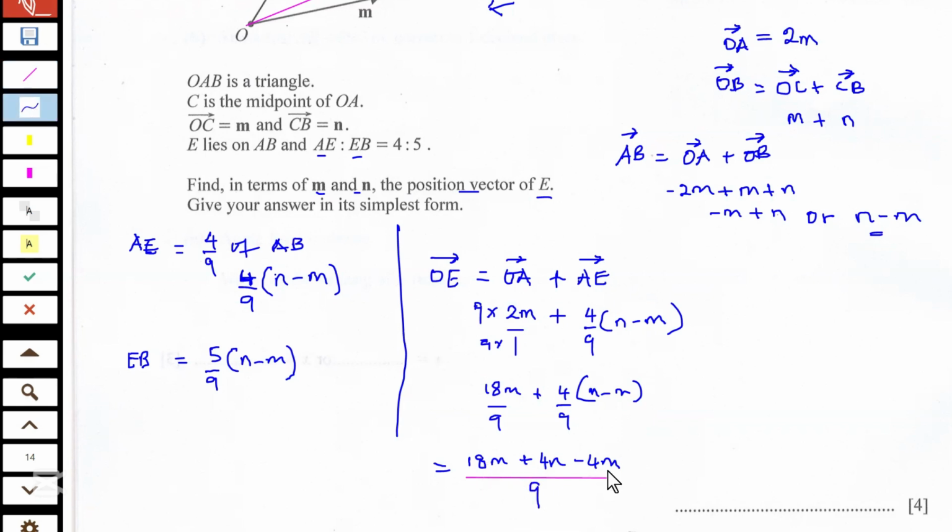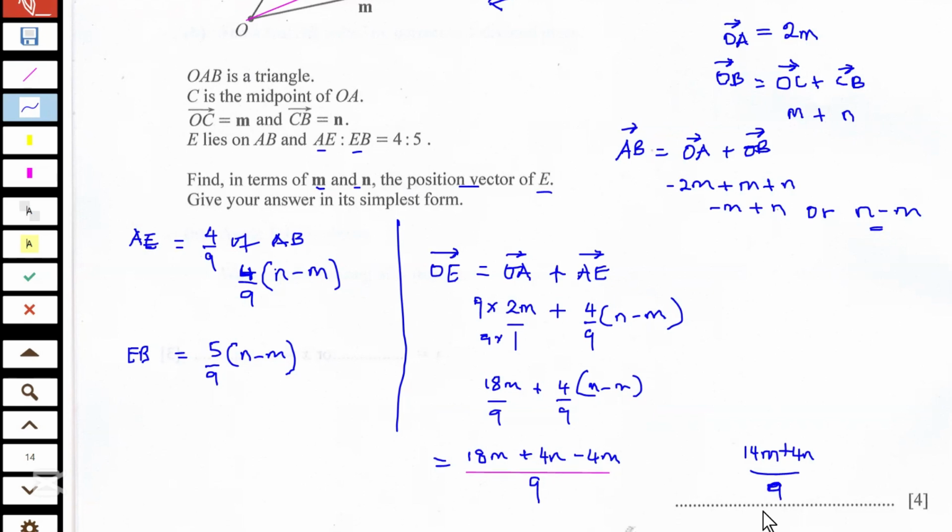So 18m minus 4m gives us 14m plus 4n over 9 as the final answer. So the position vector of E is 14m plus 4n over 9.